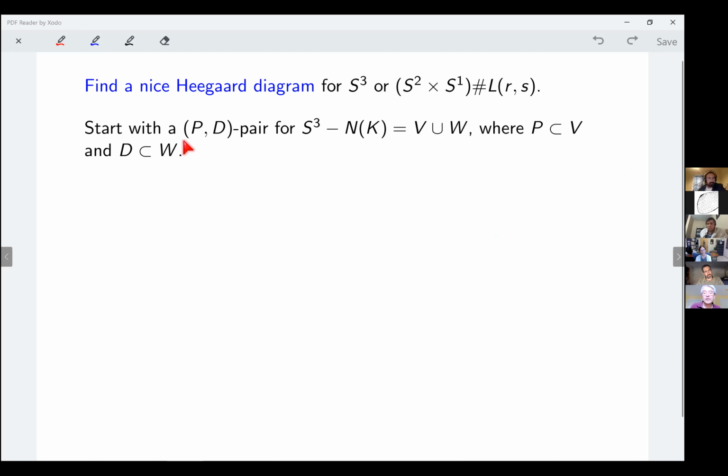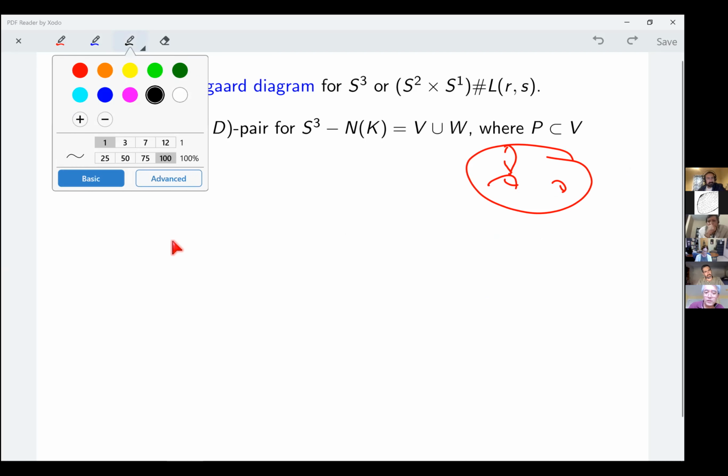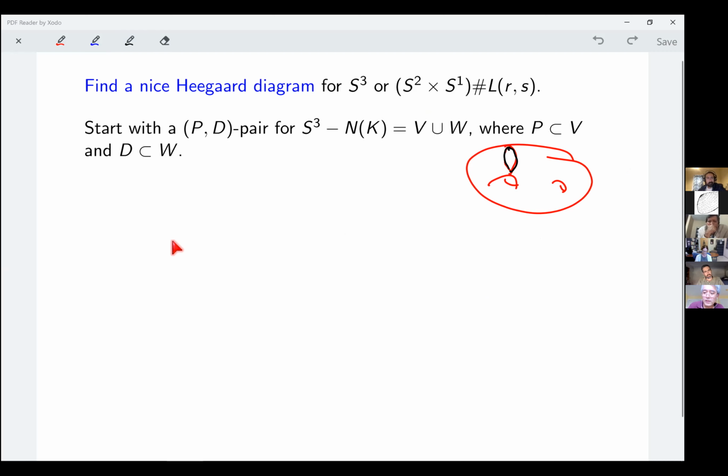For example, first let's start with a planar surface PD pair. So for those, if you take a planar surface and the disk pair, now you always have another disk.